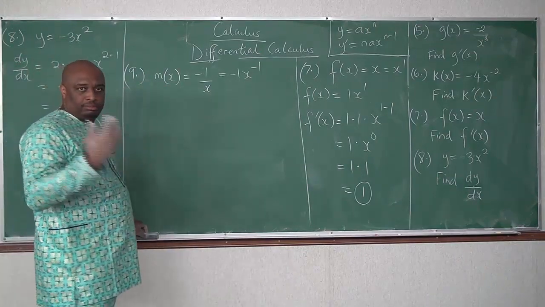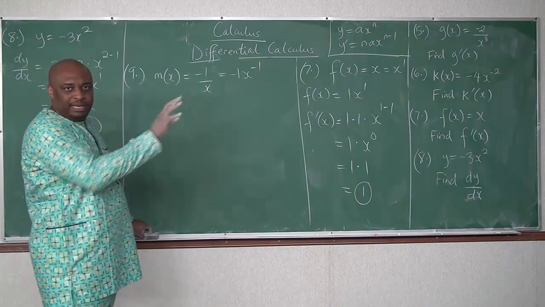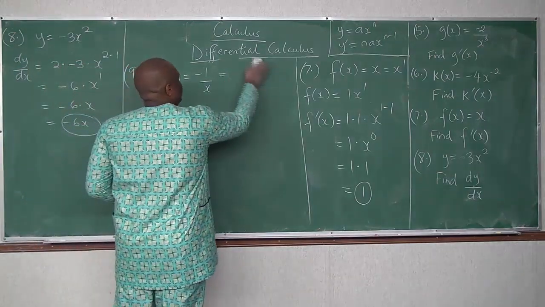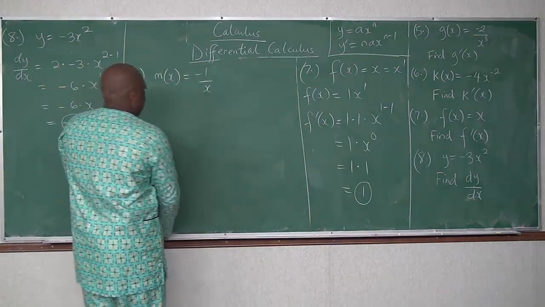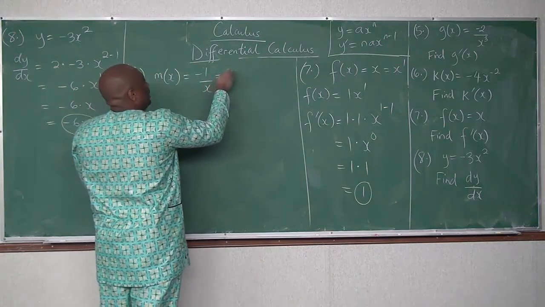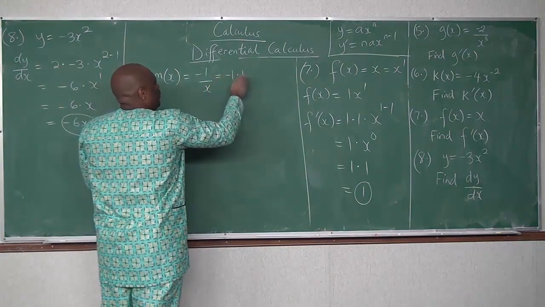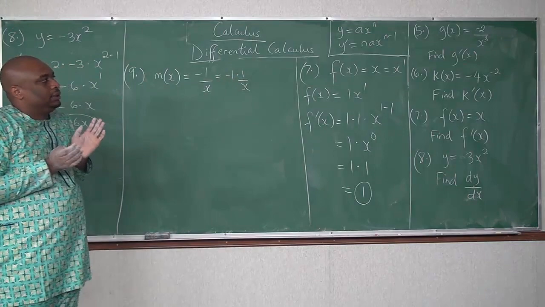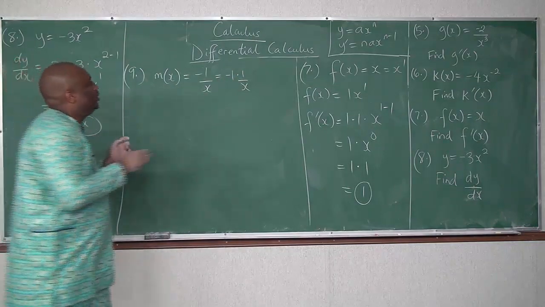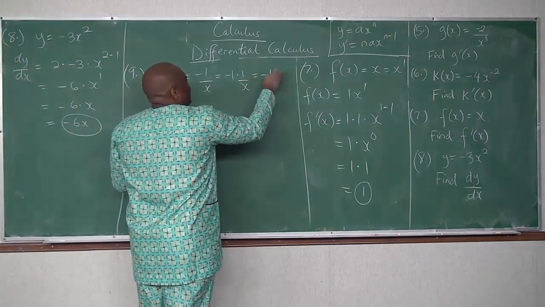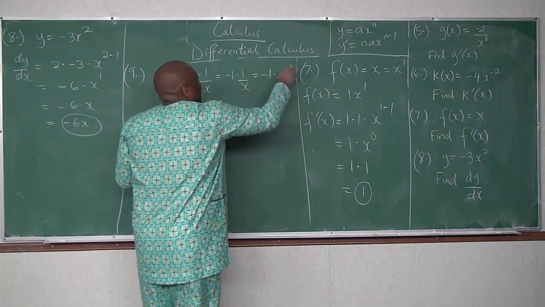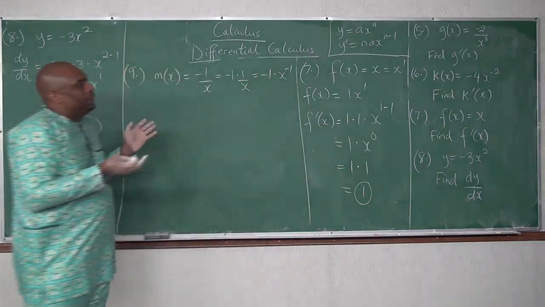Because if you're confused immediately why I did it, let me show you this step. This is equal to negative 1 times 1 over x. You see that? Which is negative 1 times x exponent negative 1.